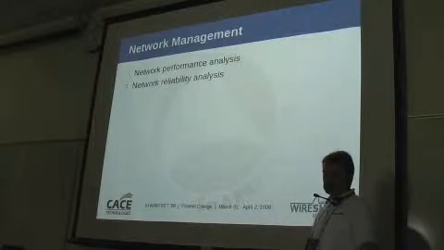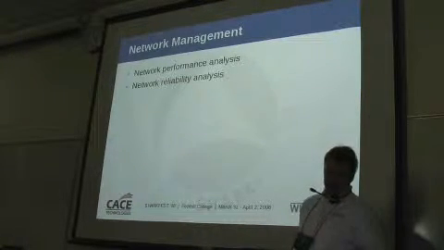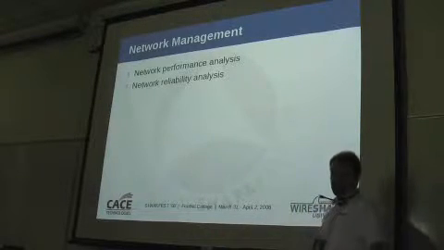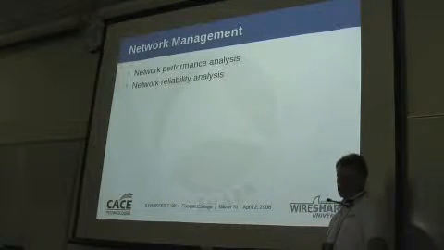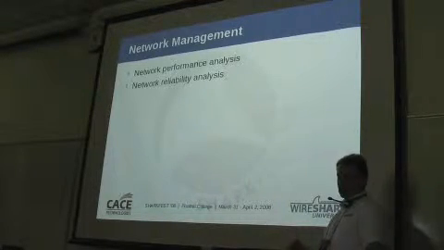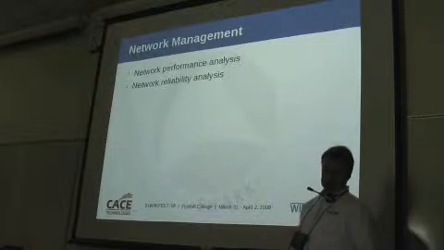Or look at the real traffic and figure out what has caused that problem. And then reliability too. DNS wasn't working. Was there a DNS server down that affected the performance of that?